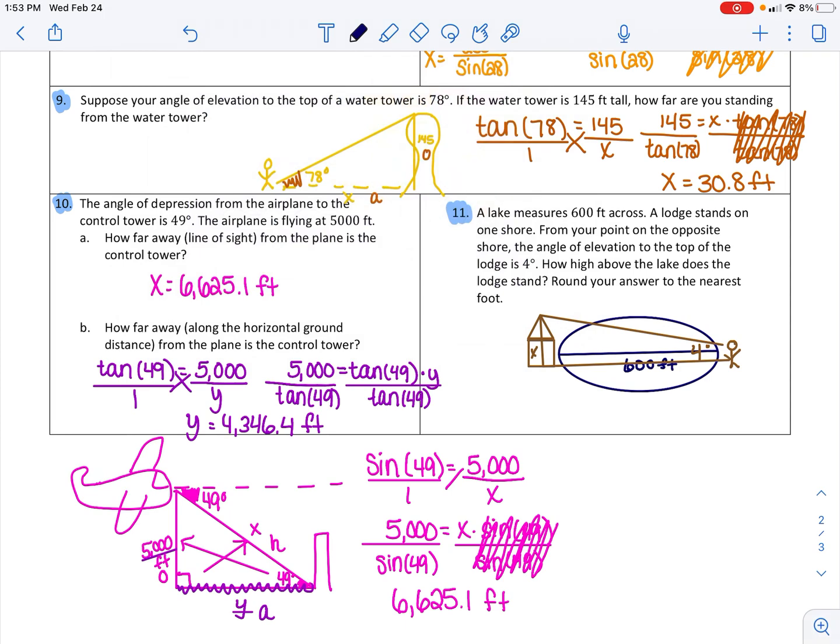In order to find x here, I'm going to use trig. I have my adjacent side of 600, and I have my opposite side over here of x. So I am going to use tangent again. I'm going to say the tangent of my angle 4 is equal to opposite over adjacent. And then I'm going to cross multiply. So I get x times 1 is x, and 600 times the tangent of 4 on the other side.